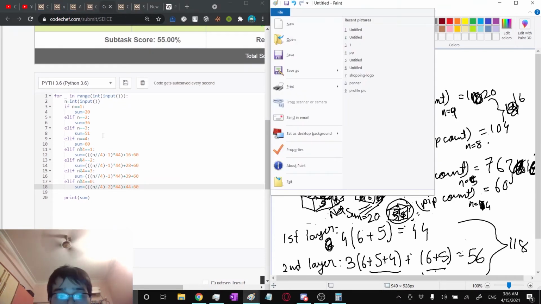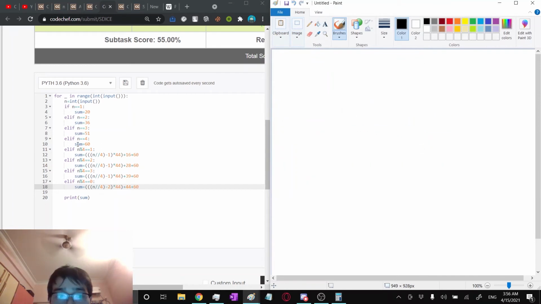Now let's explain the mathematical formula of what is going on after n equal to 5, after n equal to 4.